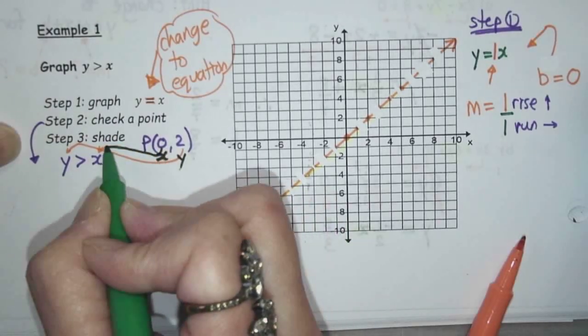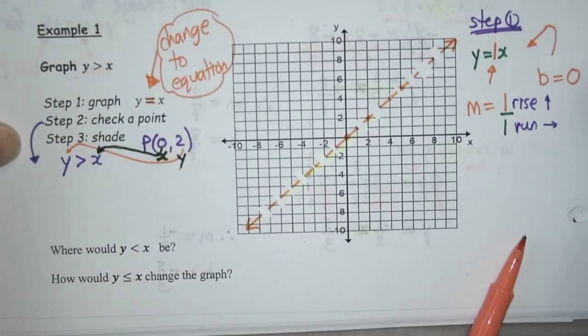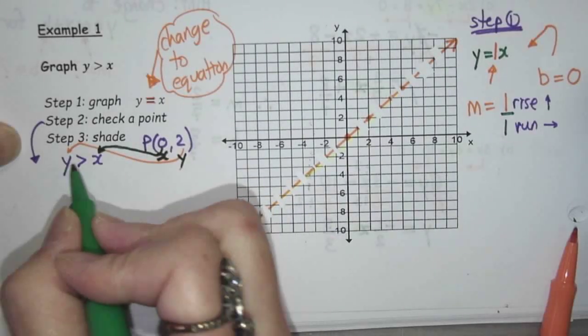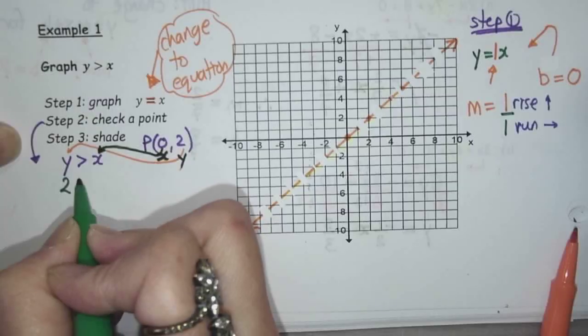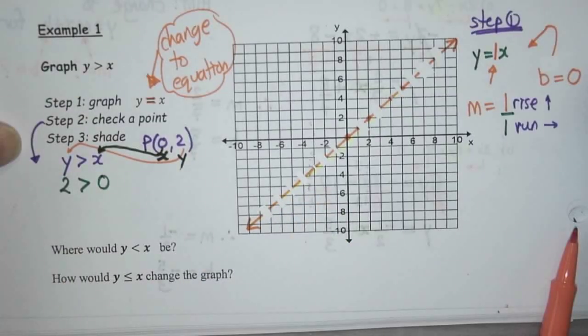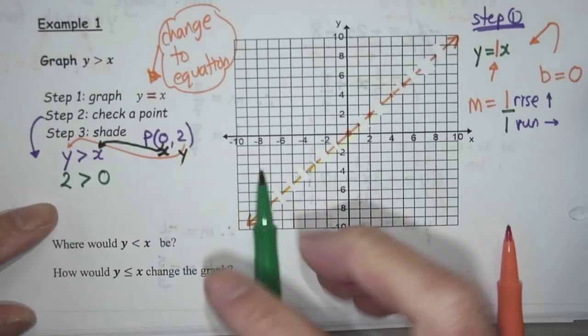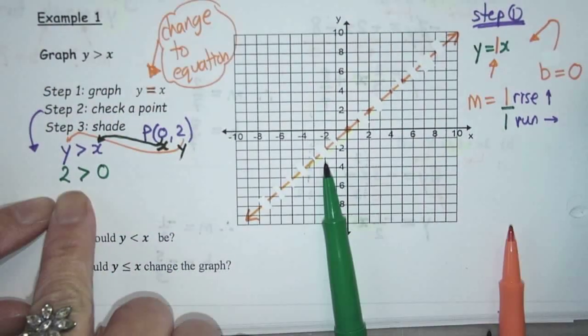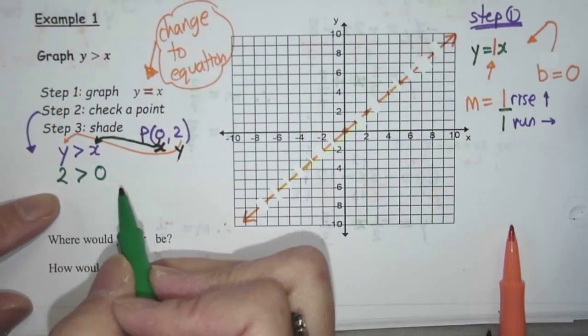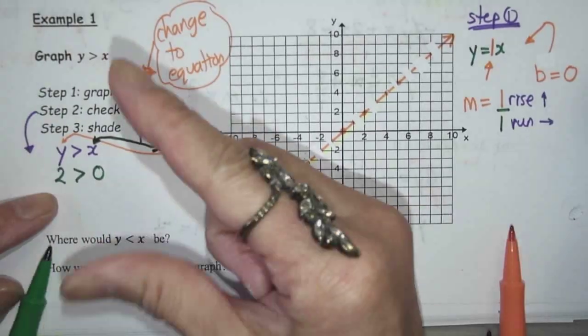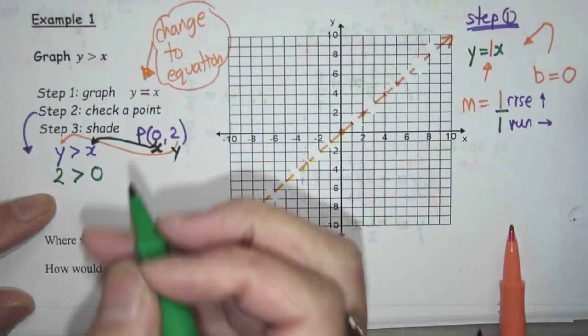X goes into the x, and the y goes into the y. Y is 2, and x is 0. Now, is this a true statement? Is 2 greater than 0, true or not true? So that is true.